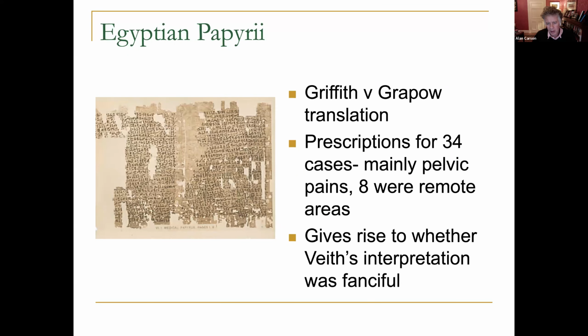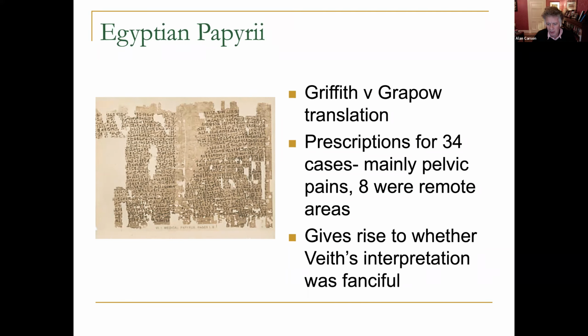I think most people would now take the view, however, that there were problems in the original translation of this papyrus. The original Griffith translation is generally considered to have many errors, and most people defer to a much later German translation by Grapow, which is seen as superior. Essentially, the papyrus itself is very plain.